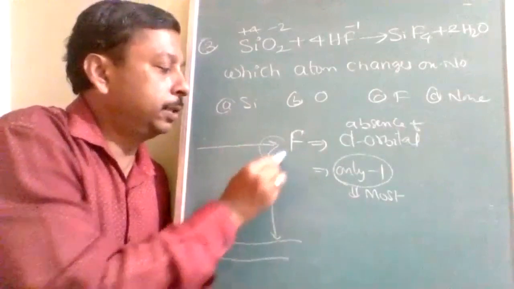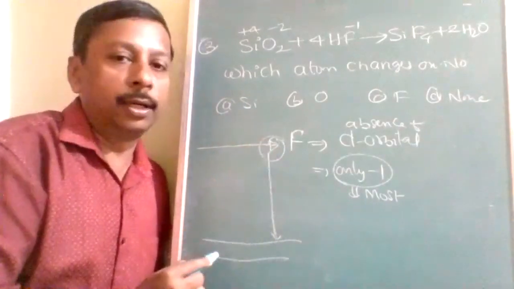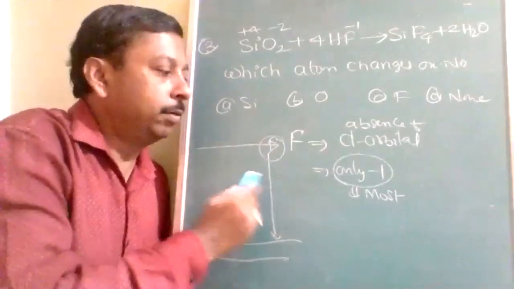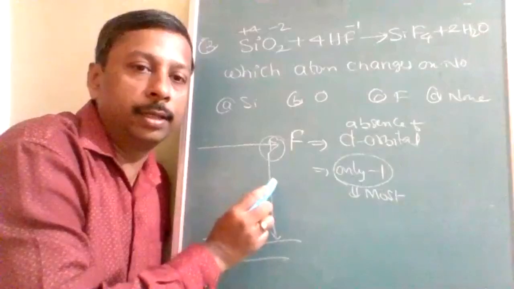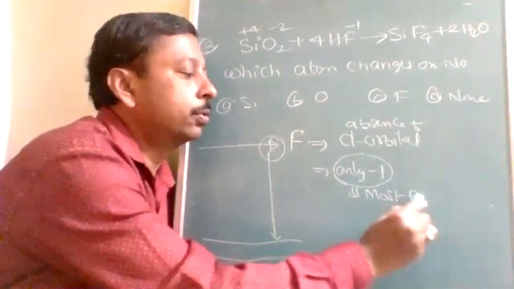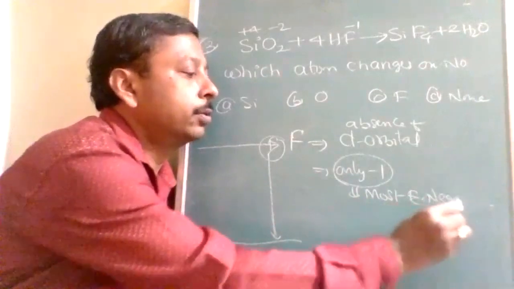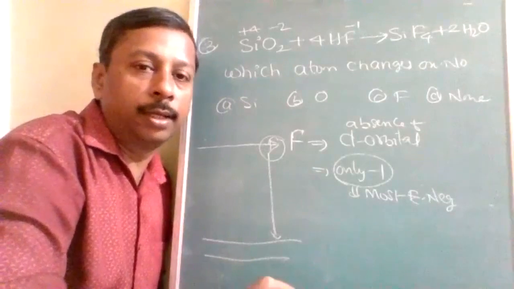This place is preoccupied by fluorine. Understood? So in the near future also, fluorine's electronegativity cannot be overcome. So it is the most electronegative element. That's why it shows only the -1 oxidation state, not plus.